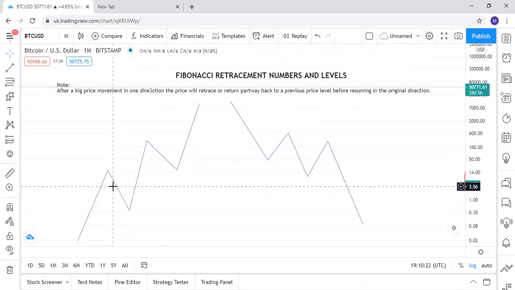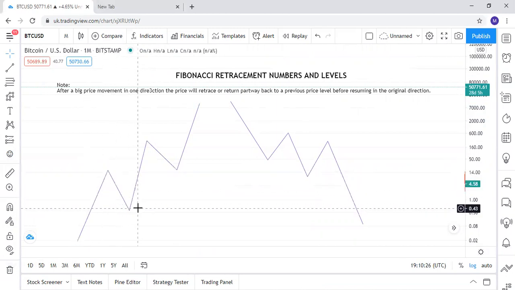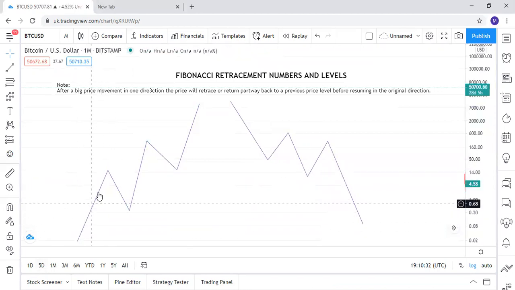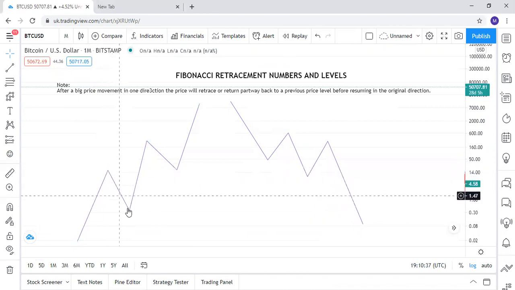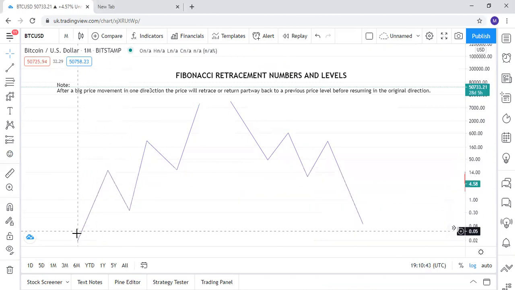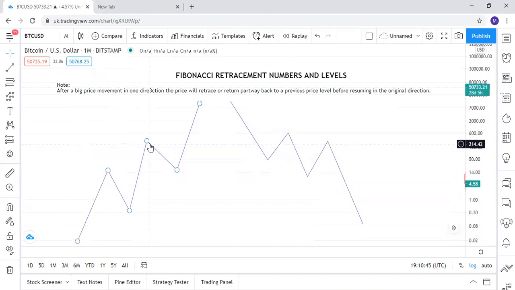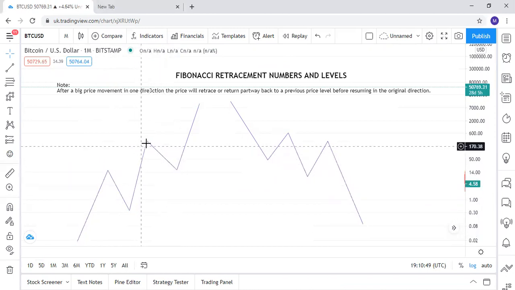Now, this particular move downward here moves at a certain percentage of this impulsive move. The retracement or the correction, the higher low rather, moves downward to a certain percentage of this. And this one too moves to a certain percentage of this.